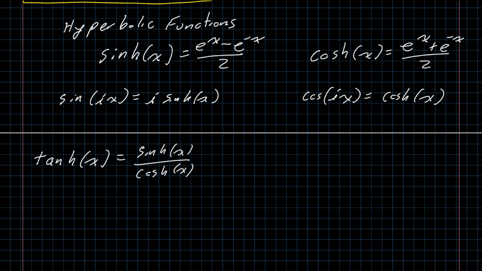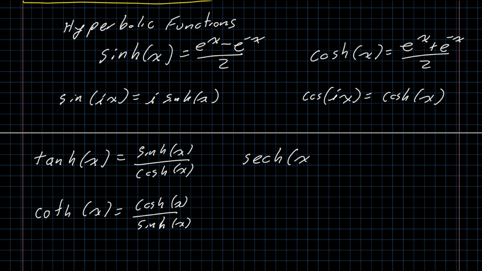The hyperbolic cotangent, the coth of x, is cosh divided by sinh. The hyperbolic secant, the sech of x, is 1 over the cosh. And the hyperbolic cosecant, the csch of x, is 1 over the sinh.